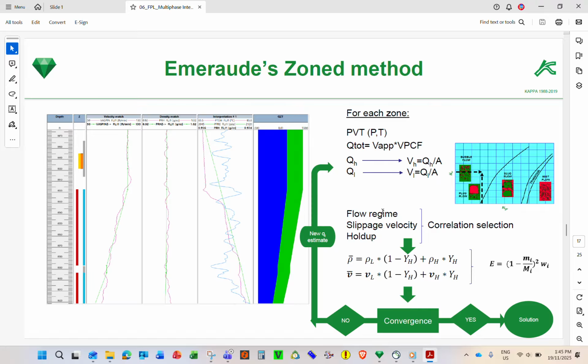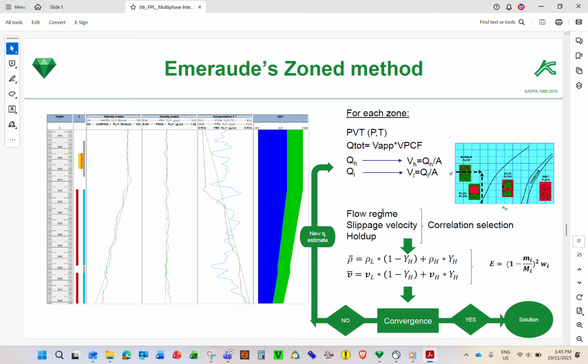You take the gray zone, you have the velocity, you have the density, and you have the pressure and temperature.